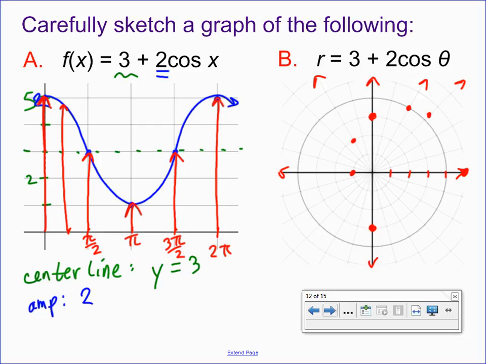Another easy value for cosine would be 4 pi over 3. Can we do 4 pi over 3? So cosine of 4 pi over 3 is negative 1/2, times 2 is negative 1, plus 3 is positive 2. Let's go positive 2. There we go.